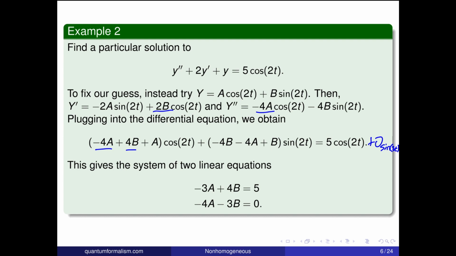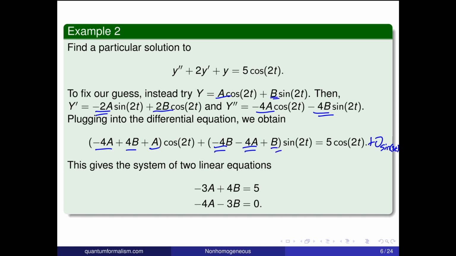It's another cosine term. And then we'll have an A cosine of 2t coming from the function itself. Then for the sine of 2t terms, we'll have a minus 4B coming from the second derivative. We'll have a minus 4A coming from 2 times the first derivative. And then a B sine of 2t coming from the function itself.